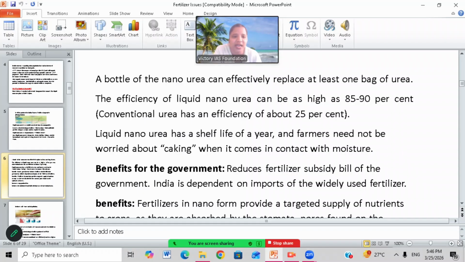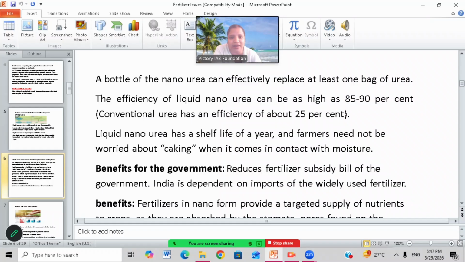The efficiency of liquid nano urea can be as high as 85 to 90%. Conventional urea has efficiency of about 25%. So even the efficiency of liquid nano urea is high compared to solid urea. Why? Because it can go down into the land easily. It is in liquid form.